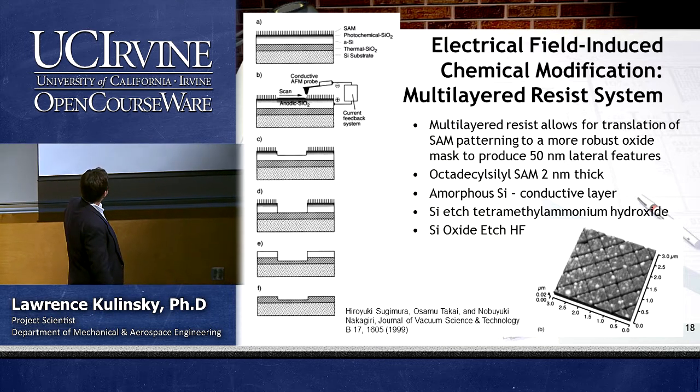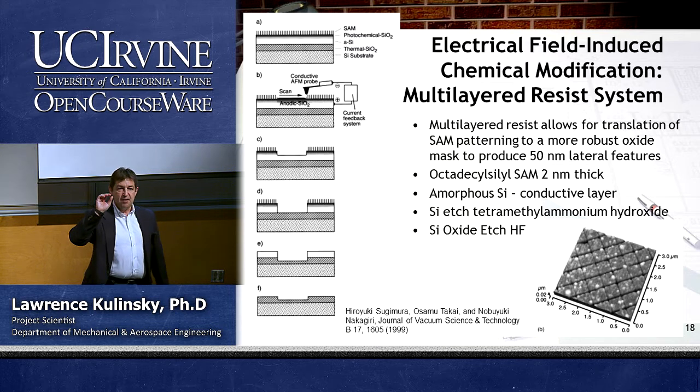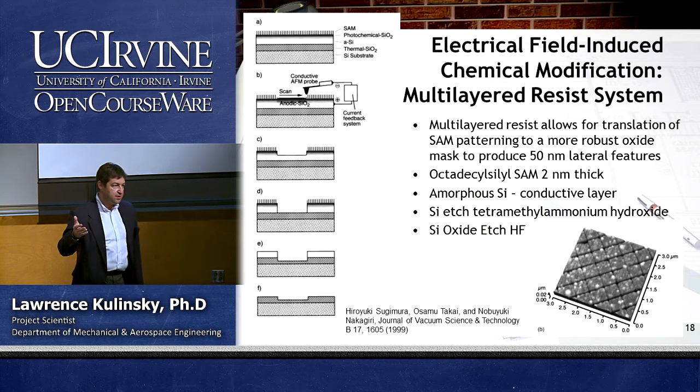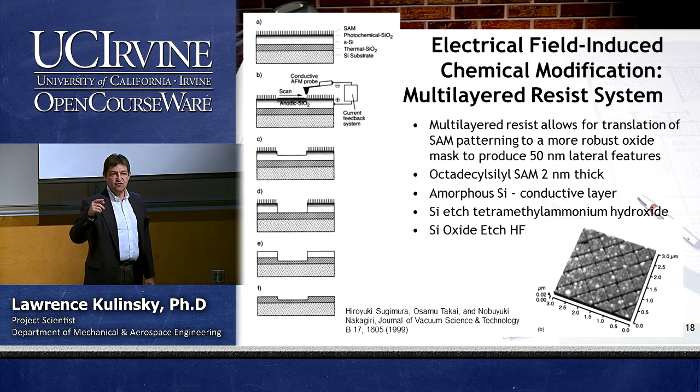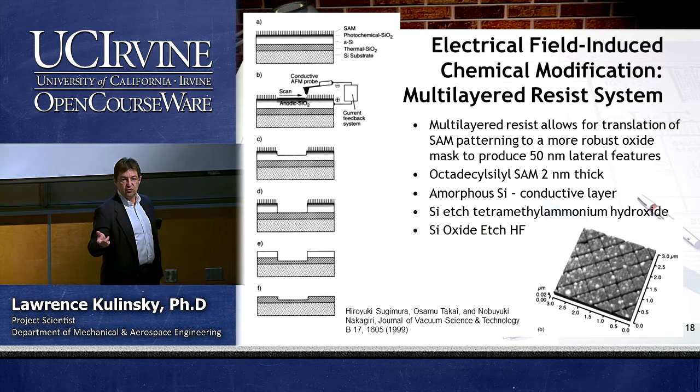Okay, so we can use this in a multi-resist system. Why do we need to use multi-resist? Well, remember that for STM, what kind of surface do we need? Conductive or insulating? Conductive. We need to have a conductive surface, okay?